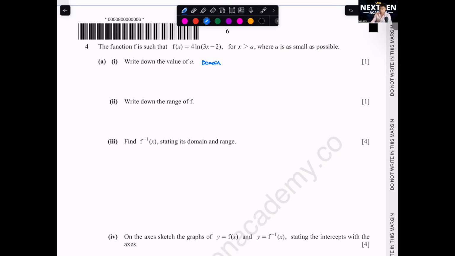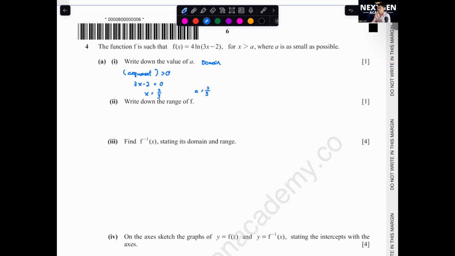The argument, whatever is inside the bracket, must be more than 0. This is how we get domain. So for this case, we'll take 3x minus 2 equals 0, x equals 2 over 3. Since x is more than a, we'll say a equals 2 over 3.